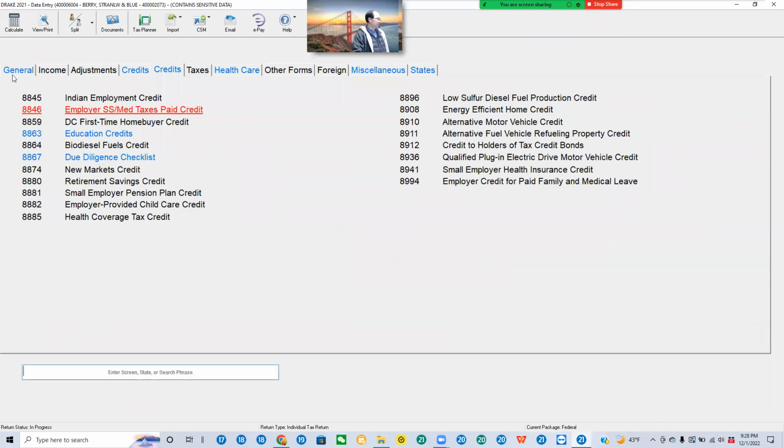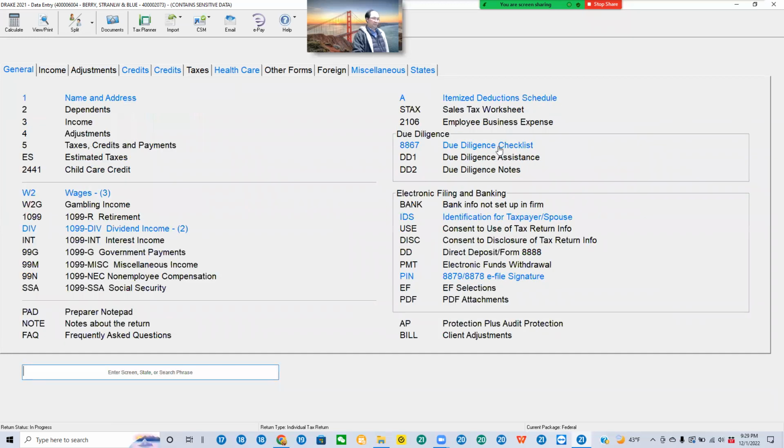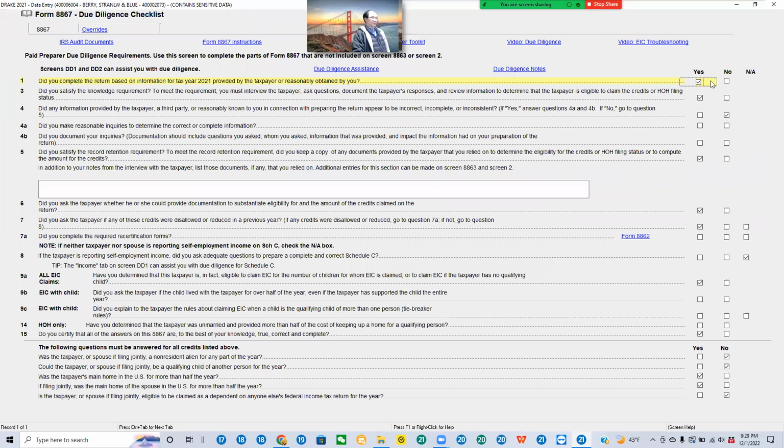Now there's a due diligence. The due diligence you can input from here, or you can do it from here. They go to the same places. So it's yes, yes, no, skip, skip, yes, yes, yes, skip, skip. In this way, yes, and then skip all the way because there's no kid for this tax return.